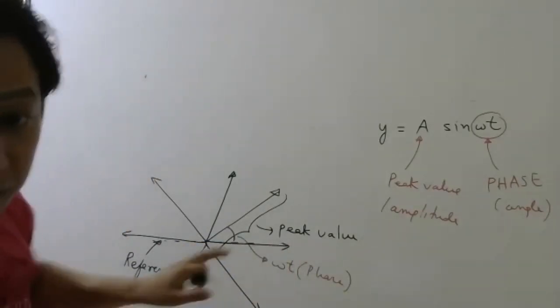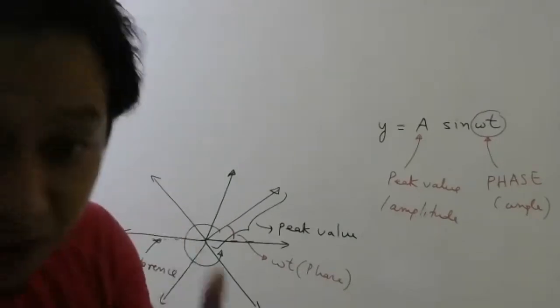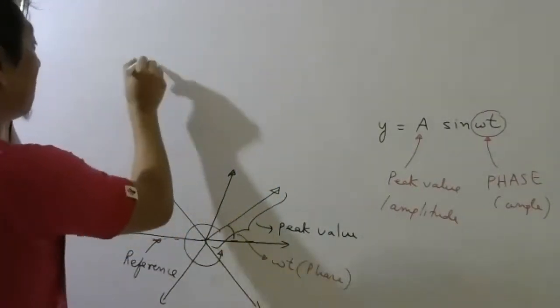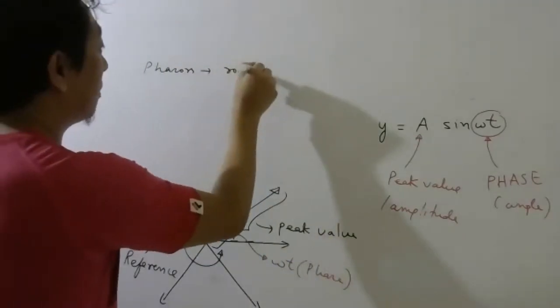So this kind of rotating vector is what we call a phasor. So please remember, phasors are basically rotating vectors.